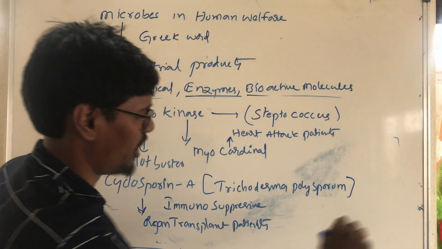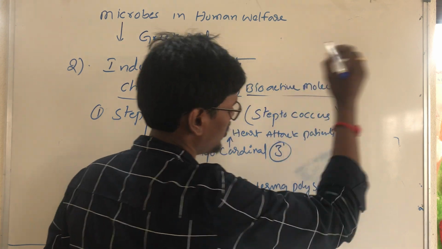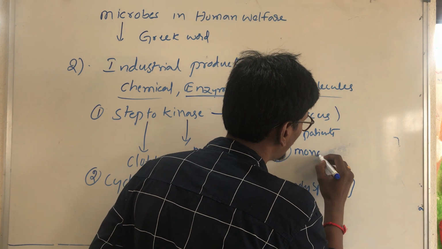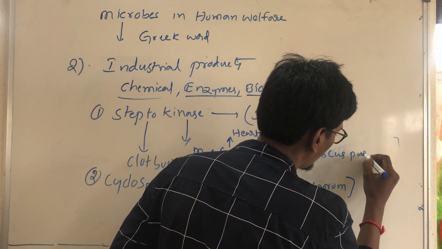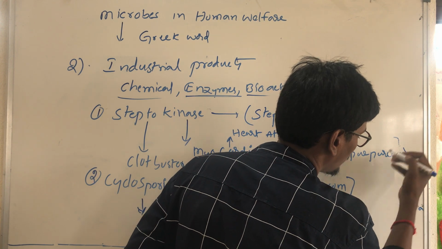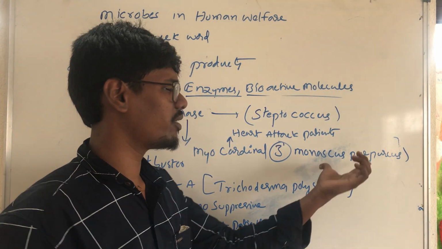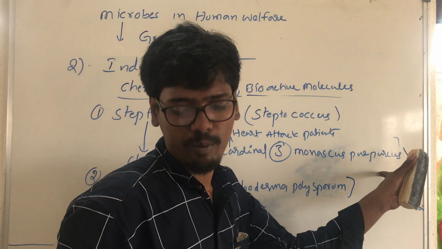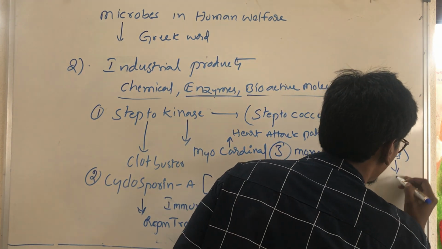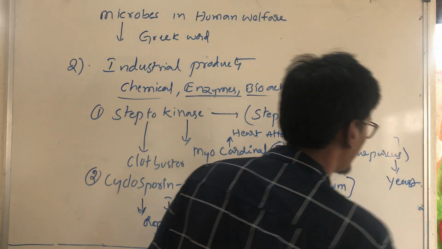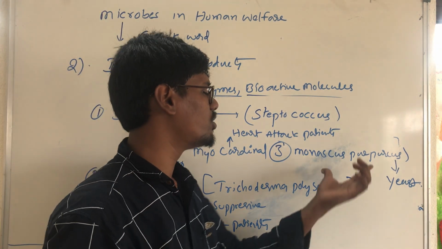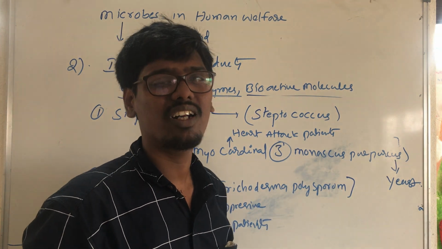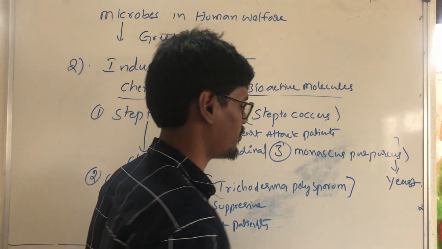The third one is called Monascus purpureus. It is produced from yeast. It is used in our body as a cholesterol reducing agent in our blood.